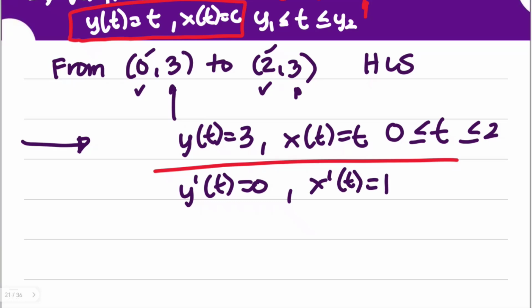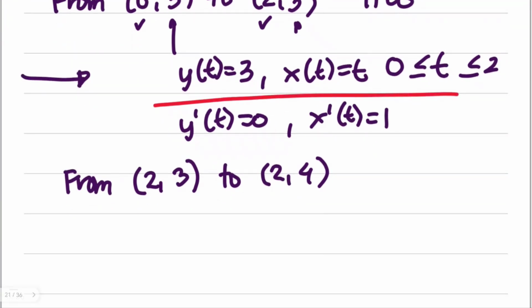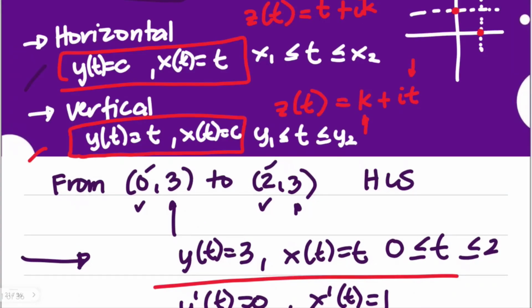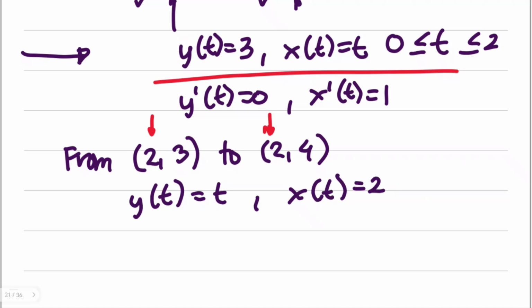Now how about we have another situation, let's say from 2, 3 to 2, 4. Obviously the x is constant, so that would mean it's a vertical line. In short, your parameterization is: y of t is equivalent to your t, and then x of t is 2, the value that did not change.